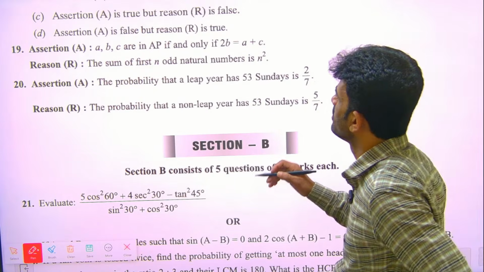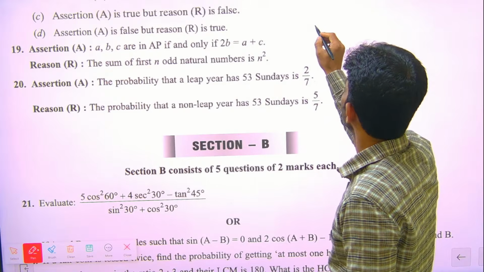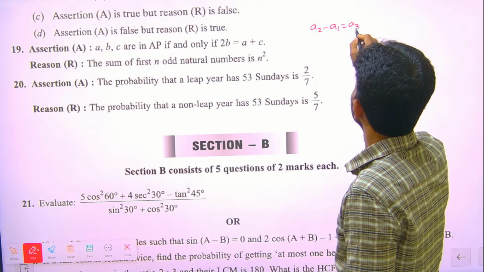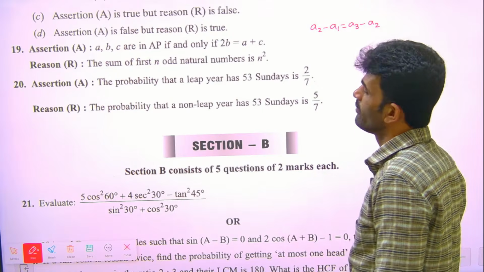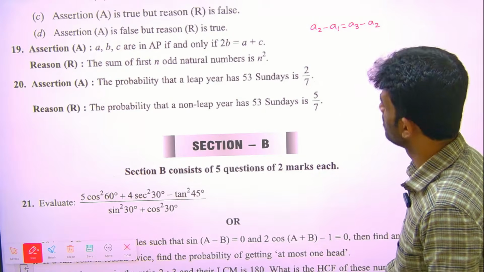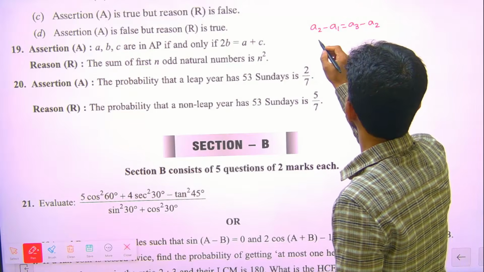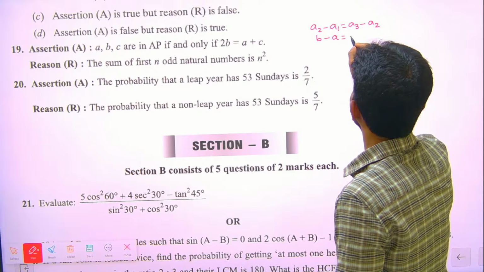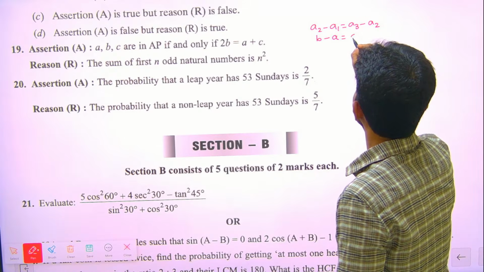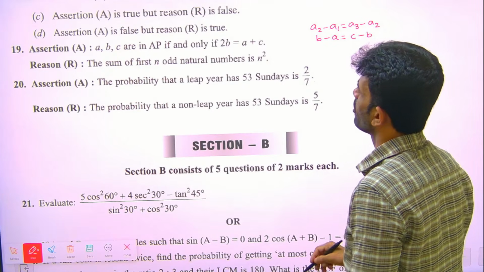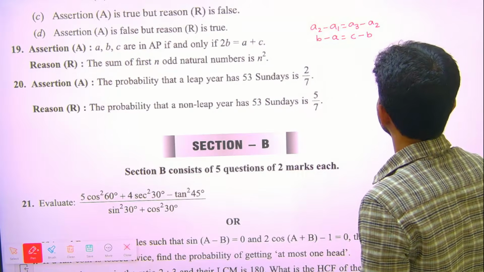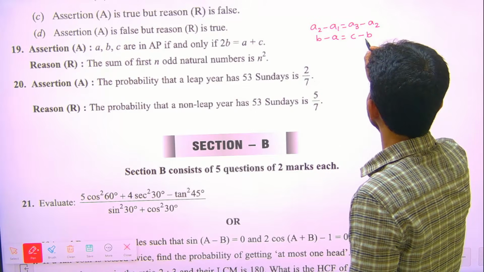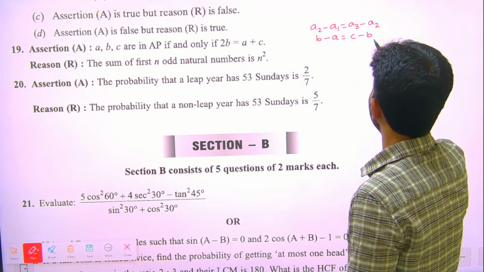See, we'll discuss when ABC are in AP, we know A2 minus A1 is equal to A3 minus A2. They have to follow this. If they are in AP, they have to follow this. And what happens here? A2 is B, so B minus A1 is A. So B minus A is equal to C minus B according to the given terms. Then send B values one side, minus B will go this side, minus A will come this side.